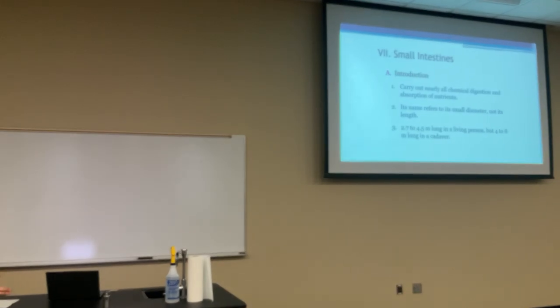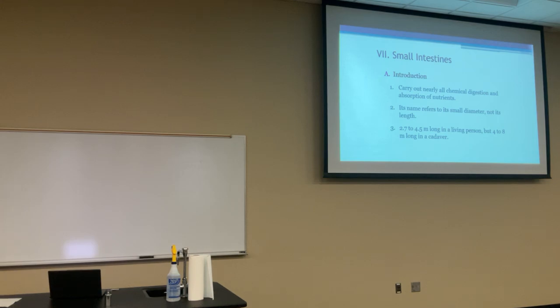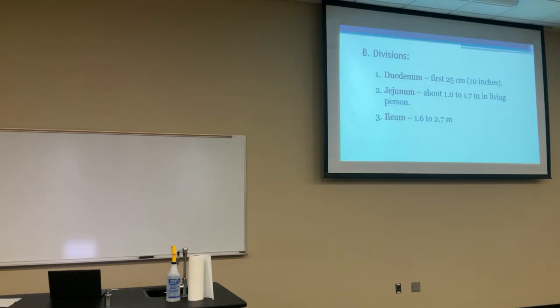And the small intestines range from 2.7 to 4.5 meters in a living person, but much longer in a deceased person or a cadaver. Now, there are three different divisions of the small intestine.